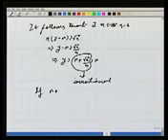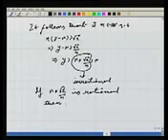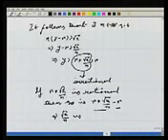That means my assumption is wrong. So if r plus root 2 by n is rational, then so is r plus root 2 by n minus r, because the difference of two rational numbers is a rational number, and I have assumed that r is a rational number, right? But this implies that root 2 by n is a rational number.